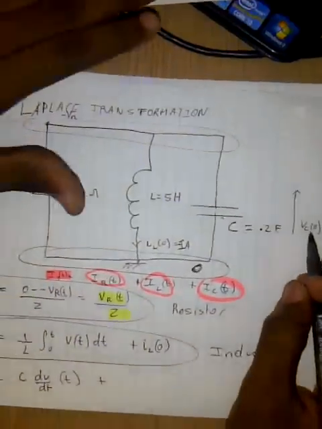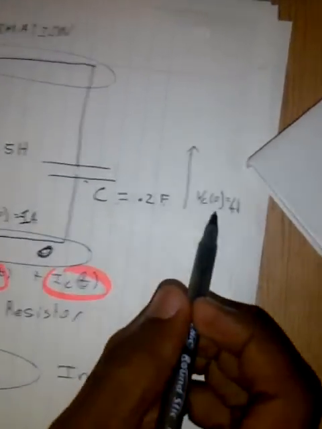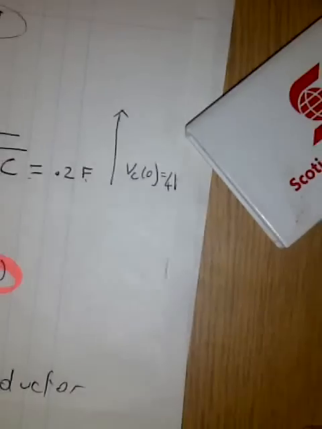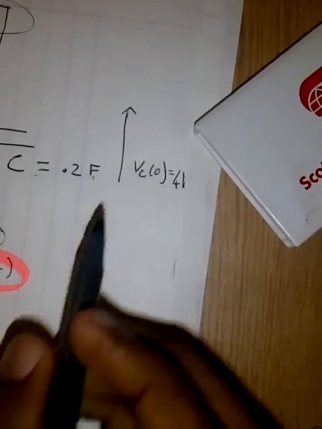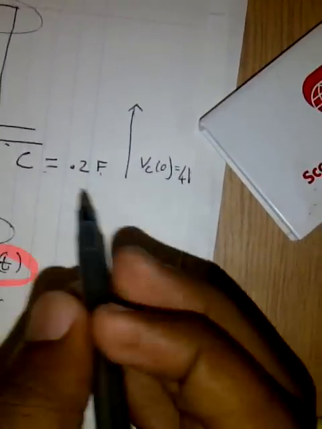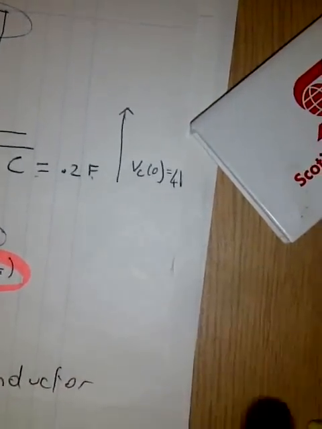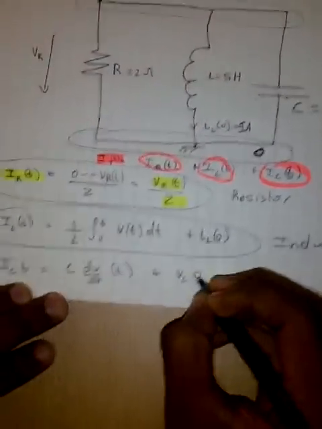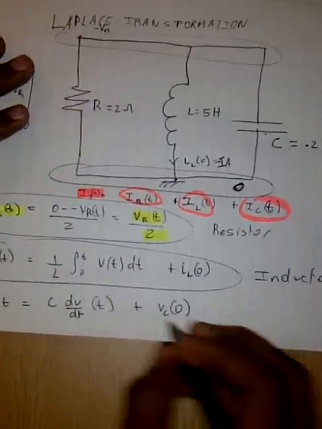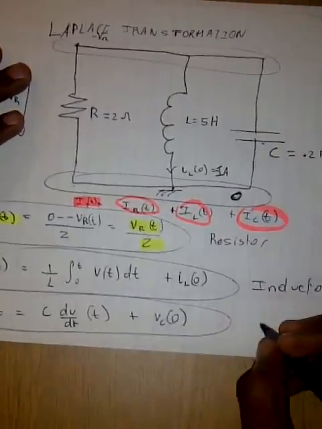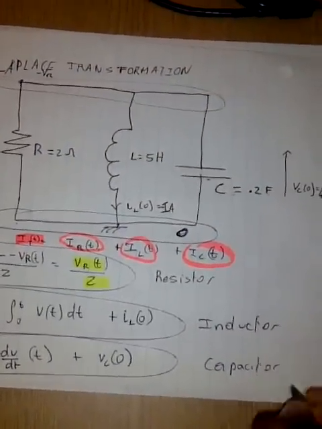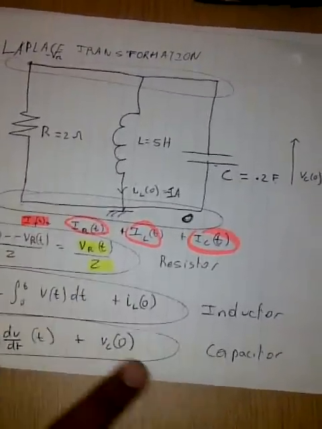It had an initial voltage, because we all know that the voltage in a capacitor, before it has been charged, can have an initial voltage, and it can have a voltage of 0 if it has never been charged before. But obviously this capacitor was already charged, so it was discharging a value of 4 volts. So we're going to add that to VC0 right here, and then this now is the capacitance. So this is the equation for the capacitor.